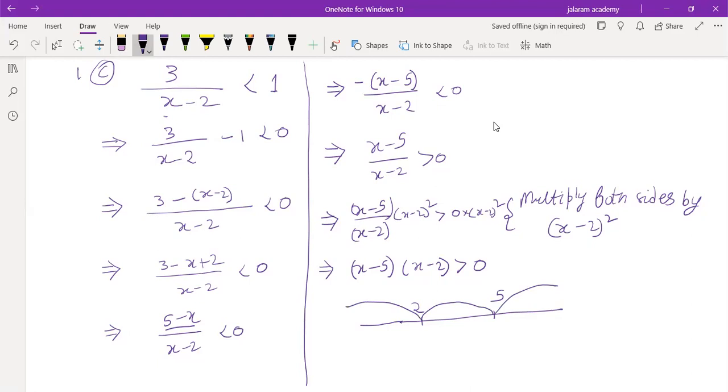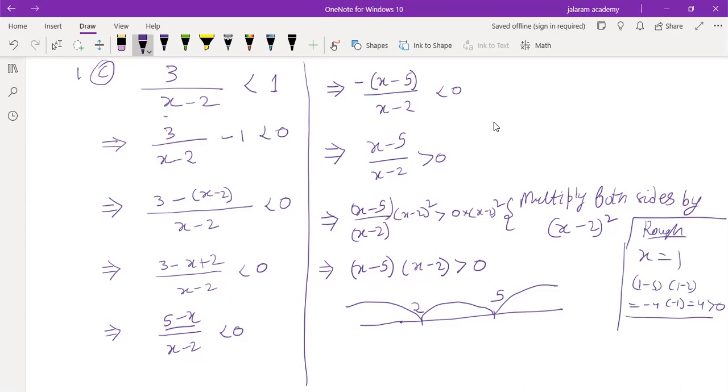So what is the value, positive or negative? Positive. Like if we put x equals to 1, let's do it in rough. It is 1 minus 5 into 1 minus 2, that is minus 4 into minus 1, which is positive, means it is 4. Positive. Is that clear to you?